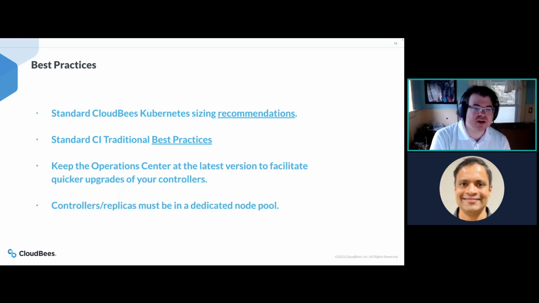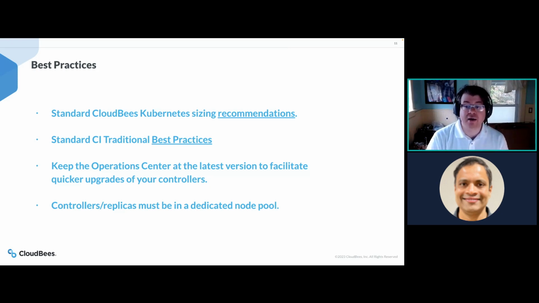All right, so let's talk a little about best practices when it comes to handling Kubernetes deployments with high availability horizontal scaling. Taking a look at the recommendations for sizing is really important. Sizing your Kubernetes cluster correctly is very, very important. Ensuring that you have enough storage, enough resources to handle multiple replicas, as well as agents if you want to run those in the same namespace or cluster.